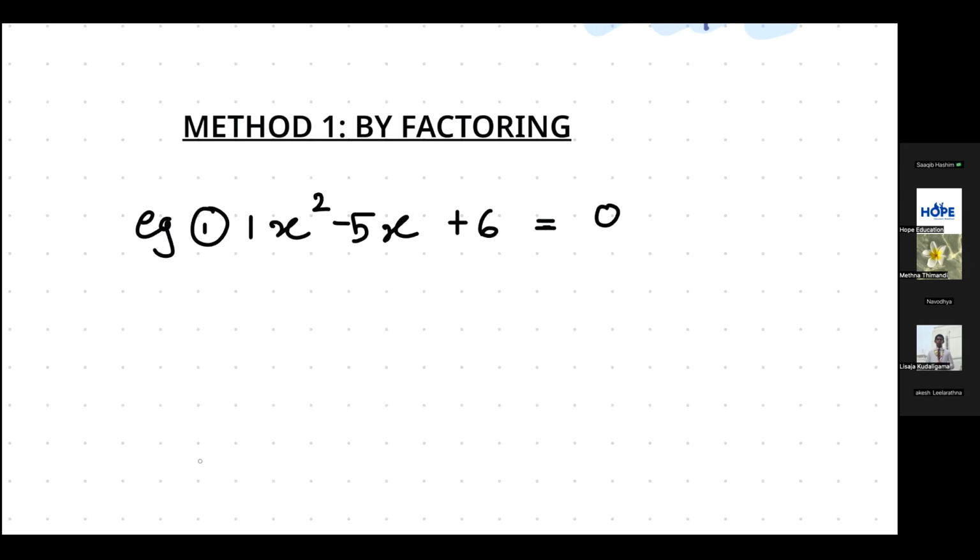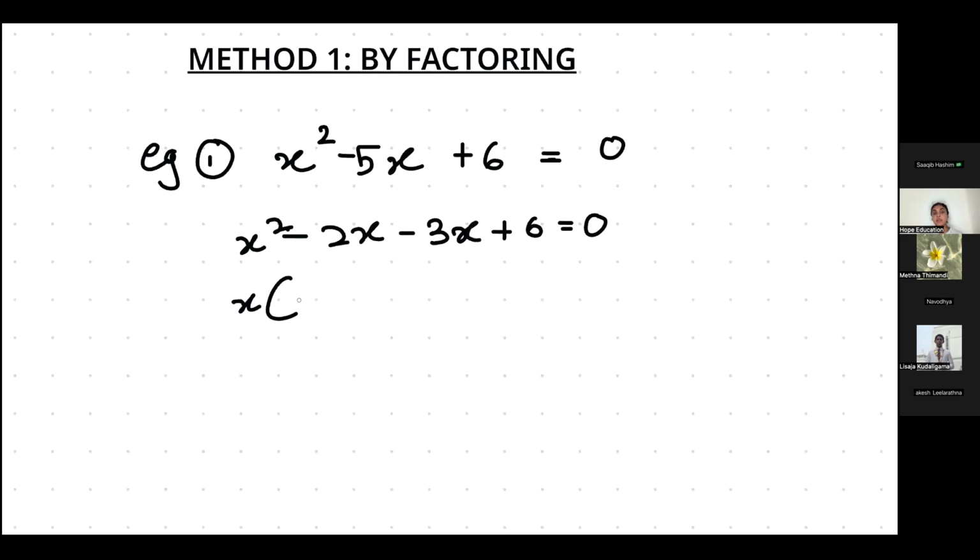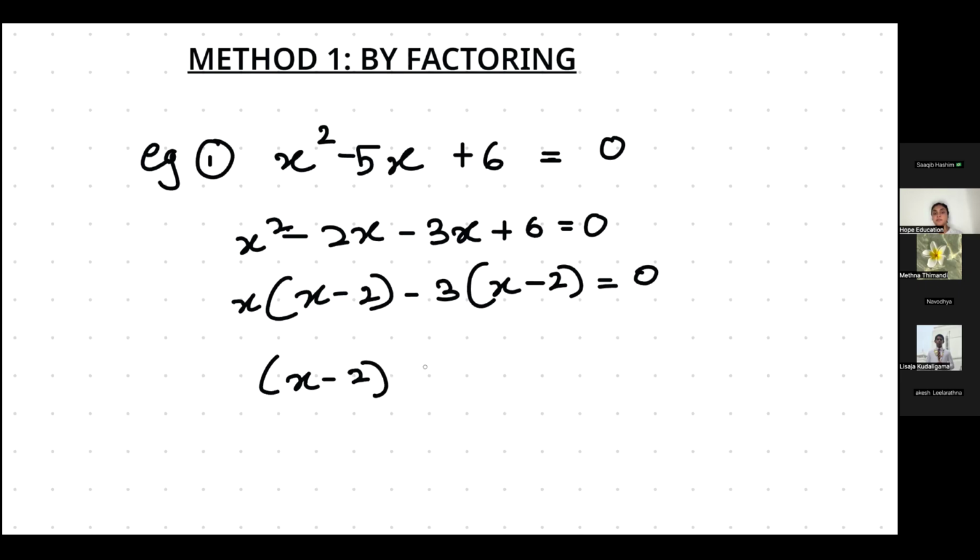So we get x squared minus 2x minus 3x plus 6 equals 0. So x is common here. I take x out, I get x minus 2. Here minus 3 is common. I take it out, I have x minus 2. So we get x minus 2 times x minus 3 equals 0. Up to this point, is it clear, kids? Again from grade 10.